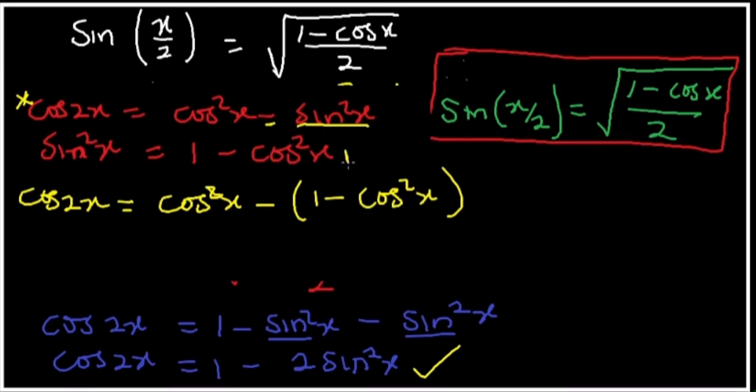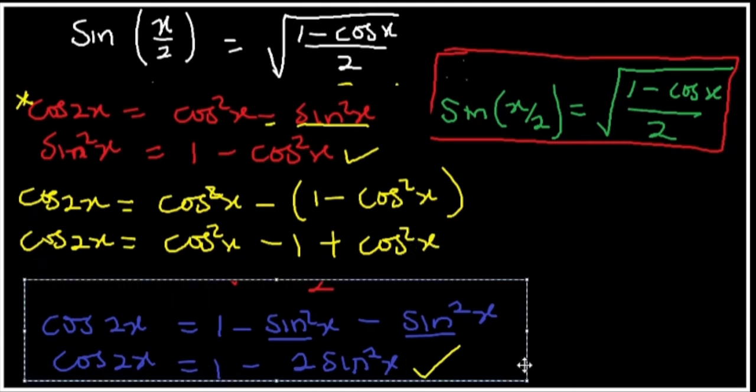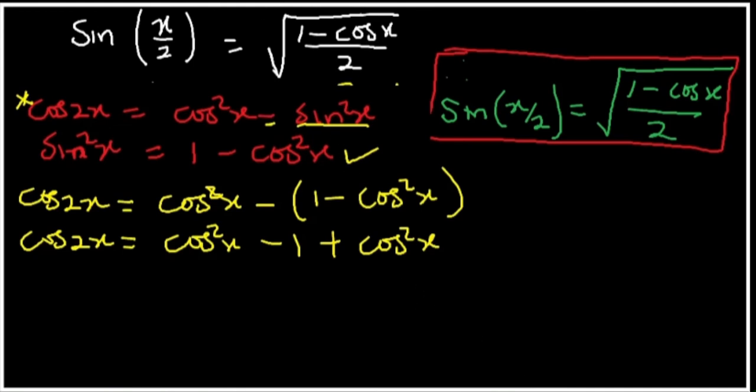Okay, so I'll have cos 2x is equal to cos square x minus 1 plus cos square x. Then I can collect my like terms. This and this will be plus. So I have cos 2x is equal to 2 cos square x minus 1.